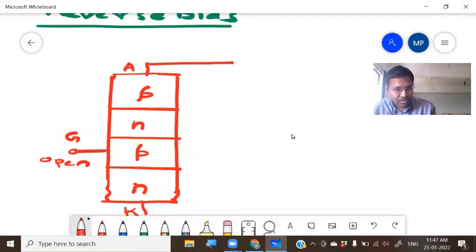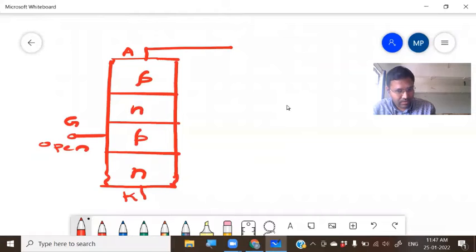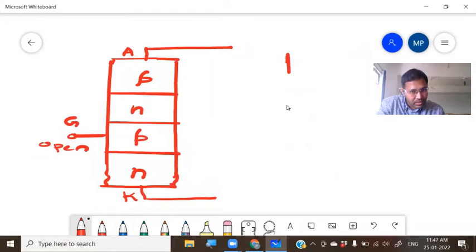So here we are now considering the case of reverse bias. Reverse bias means, as we have already discussed, on the P side we have to consider negative, and on the N side we have to consider positive.